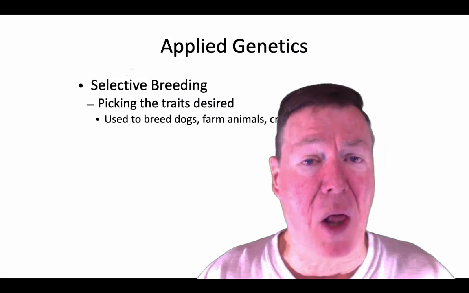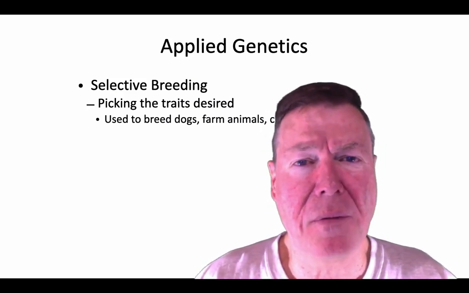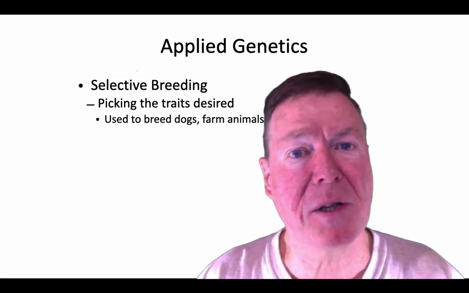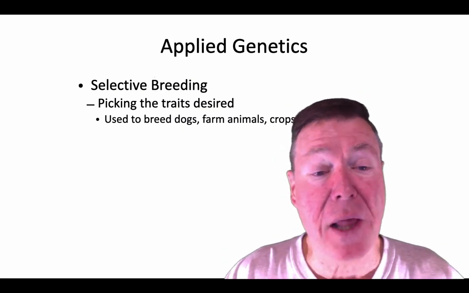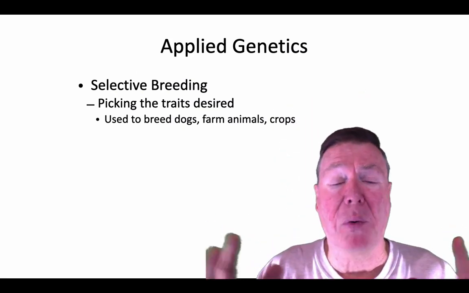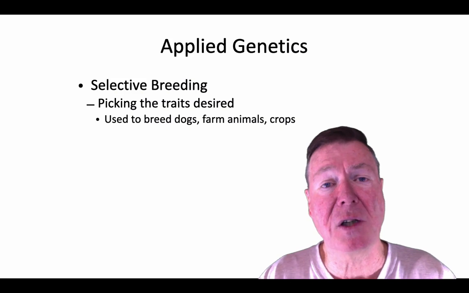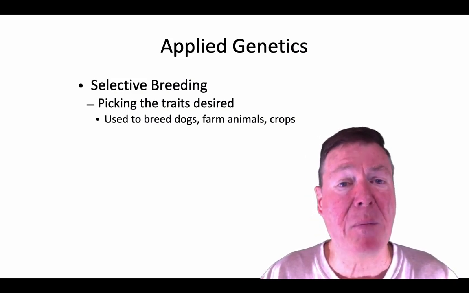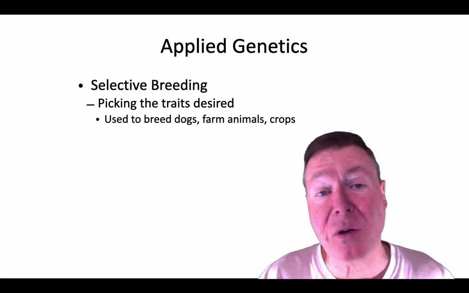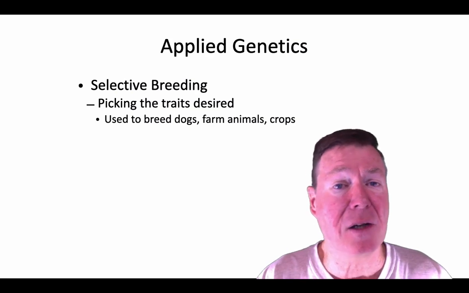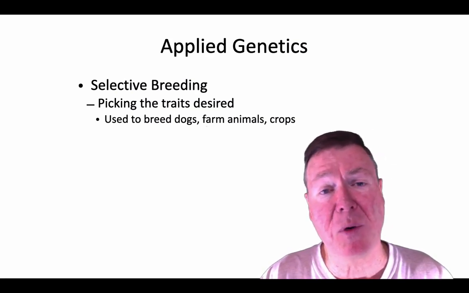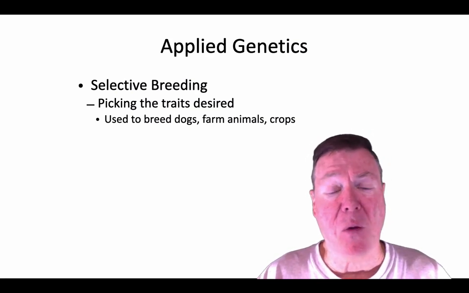Let's talk about applied genetics. We're into the hodgepodge. Let's finish up a couple subjects. Selective breeding. We have been breeding animals. I talked about this in the very first video. We've been breeding animals since the beginning of history. We know about Asians raising horses. We know about Egypt growing wheat. But we breed dogs.